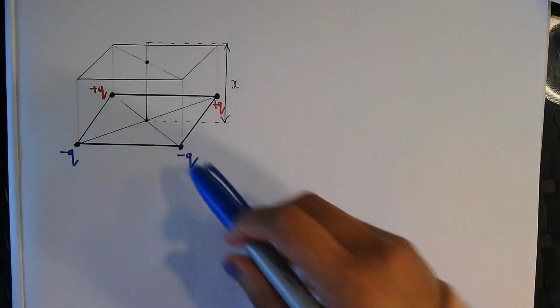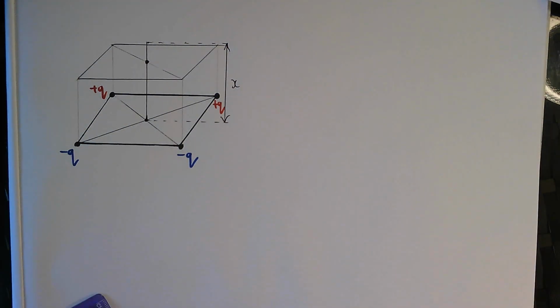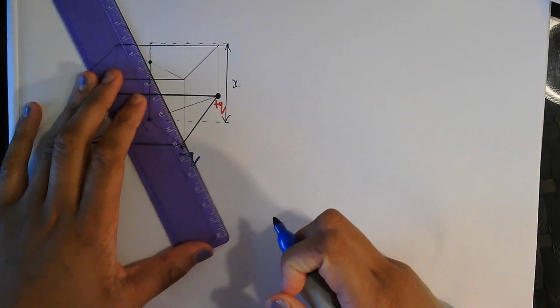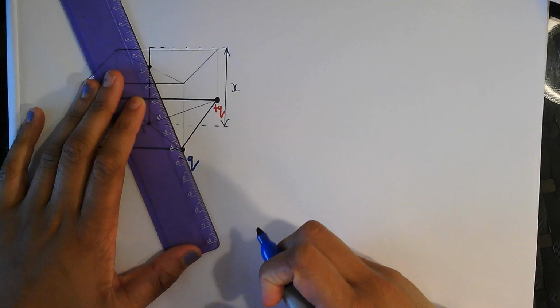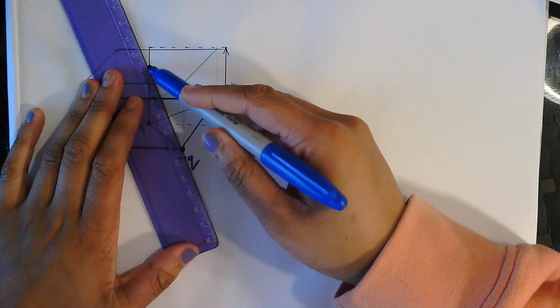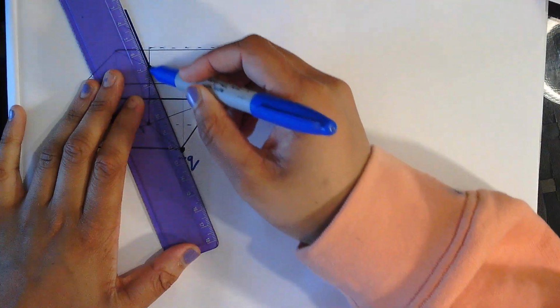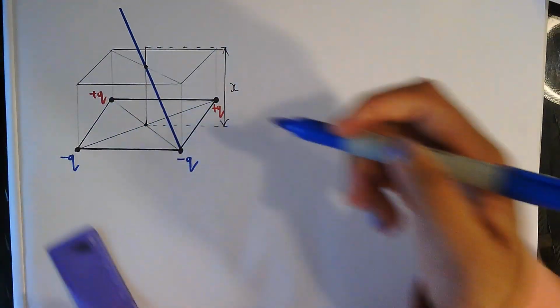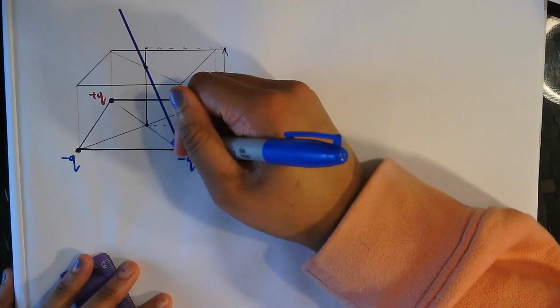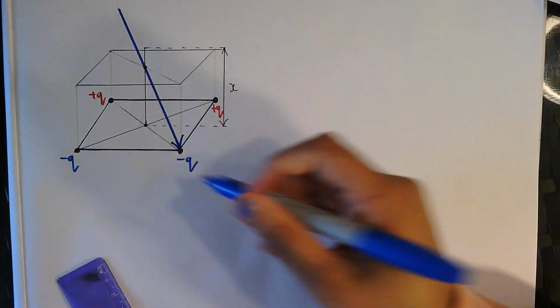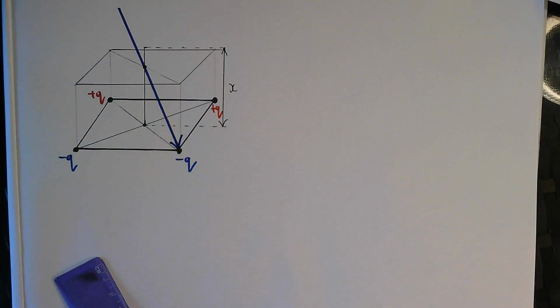So for this minus Q point charge, the electric field is going to come away from this point like that, and so the arrow is going to be this way because this is a negative charge.